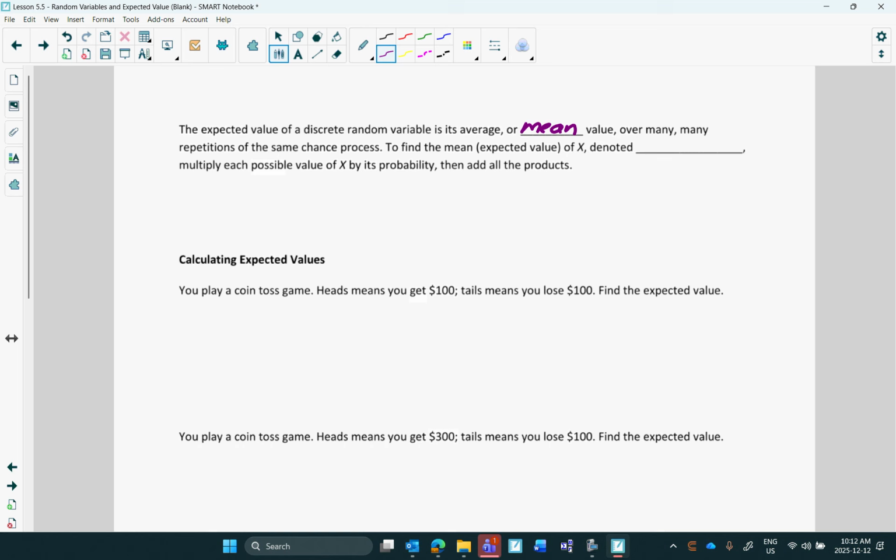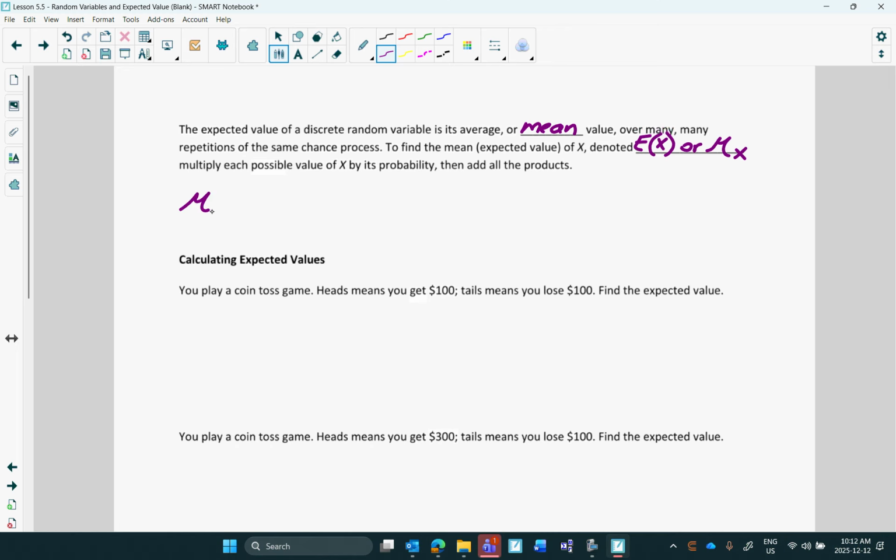Okay? So to find this, we either use capital E of X, which means expected value of the random variable X, or remember, we use this symbol for mean, mu, the Greek letter, of the random variable X. Either one of those is found by multiplying each possible value of the random variable times its probability, or the probability times its payout.